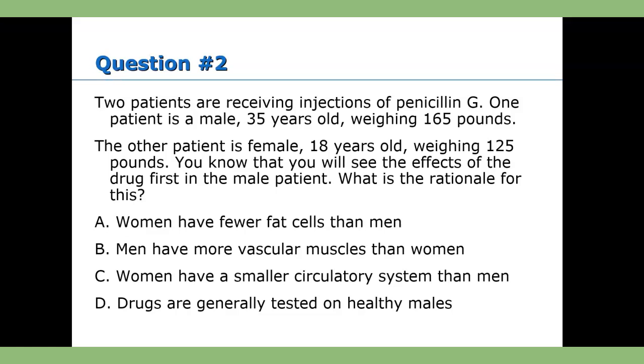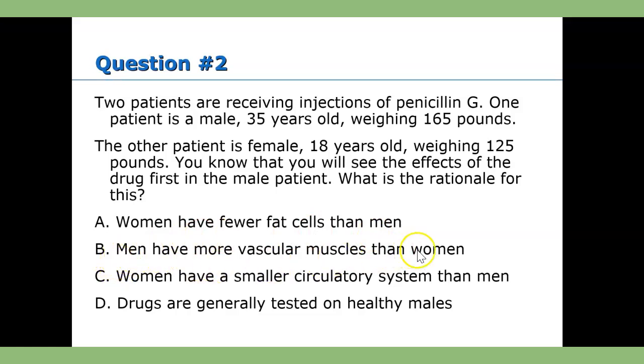Alright, so 2 patients are getting some injections of penicillin. One's a male, 35, weighing 165, and the other's a female, 18 years old, weighing 125. So you know that you will see the effects of the drug first in the male patient. Why? A, women have fewer fat cells than men. Unfortunately not.